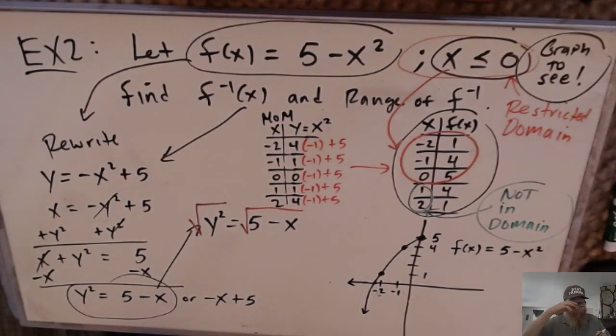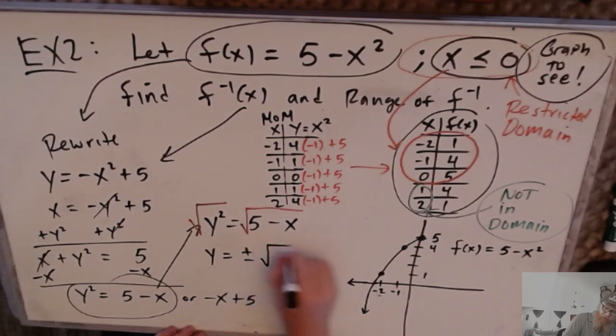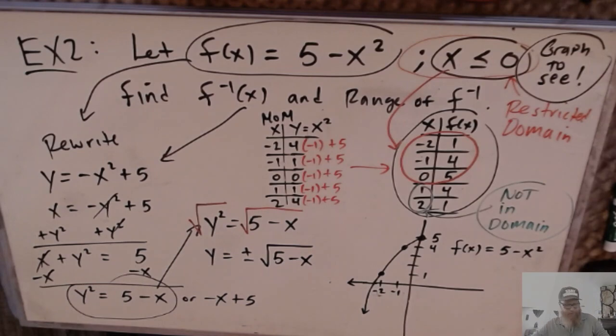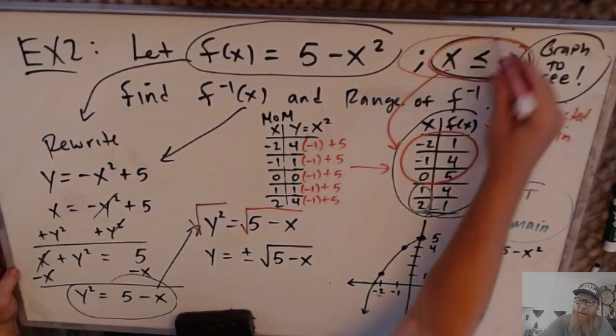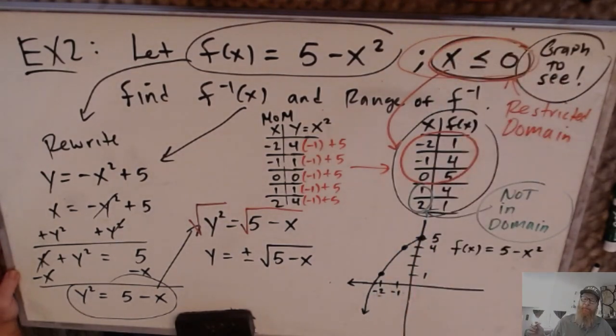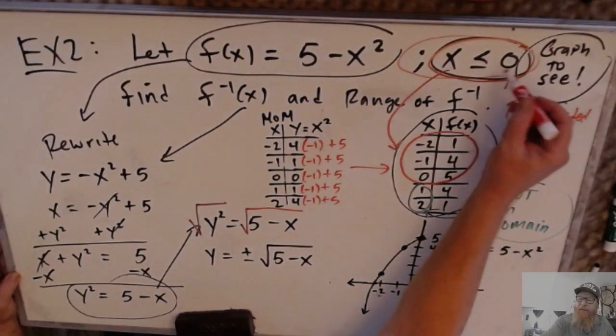Okay? Now be careful. There are two possibilities. So you have to decide which one you want to keep. So which one of these are we going to keep? Well, it depends on this.